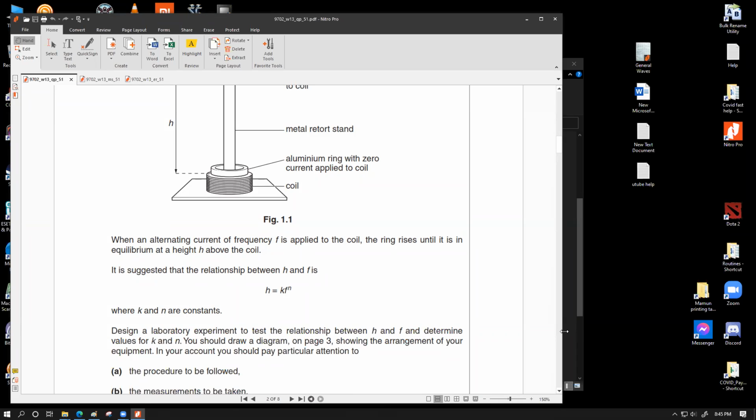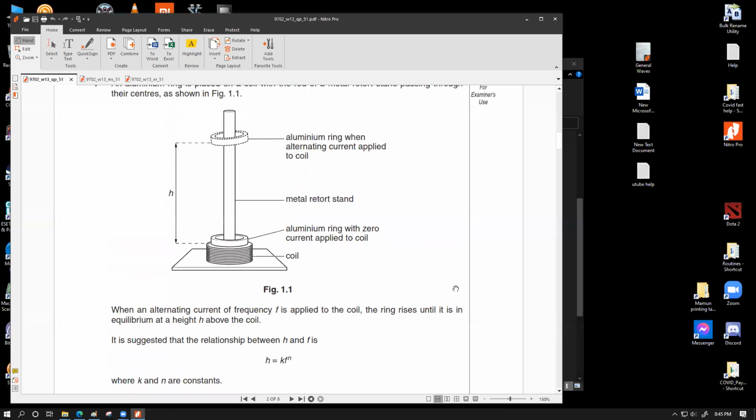What Raya just proposed: can we keep a screen behind the setup and mark the position of the aluminum ring to reduce error? We actually can.